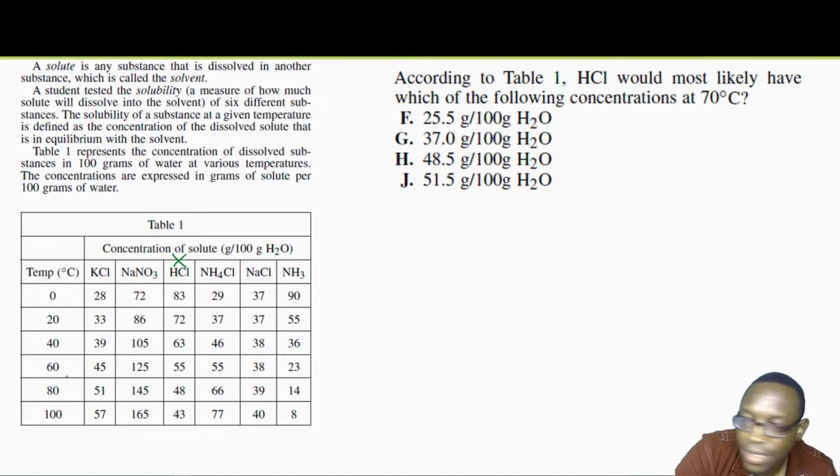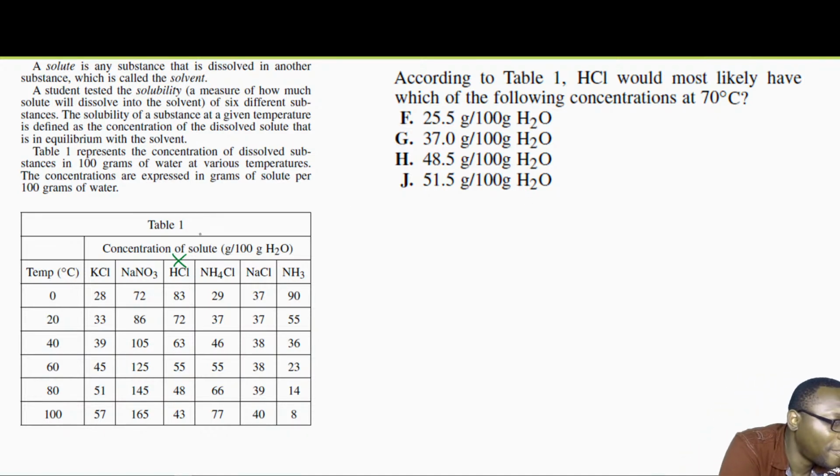All right, let's take a look at it. HCl at 70 degrees. So 70 degrees is going to be midway between 60 and 80. So 70 is going to be right here. So when you look at this, you're looking for a number that is between 48 and 55. Be sure to know that it's going to be somewhere in the middle of 48 and 55.